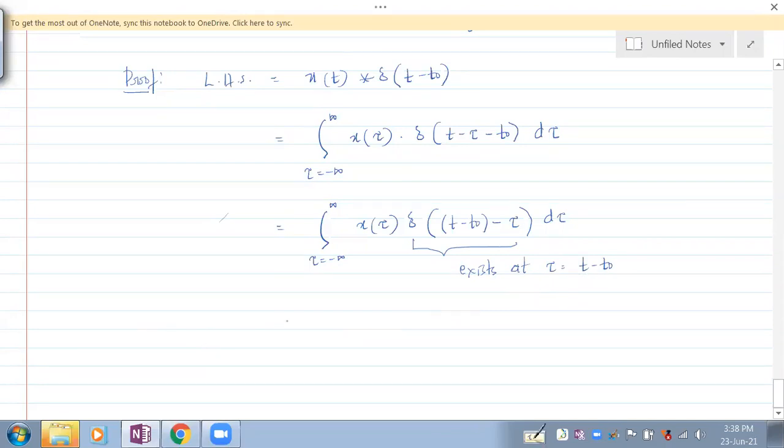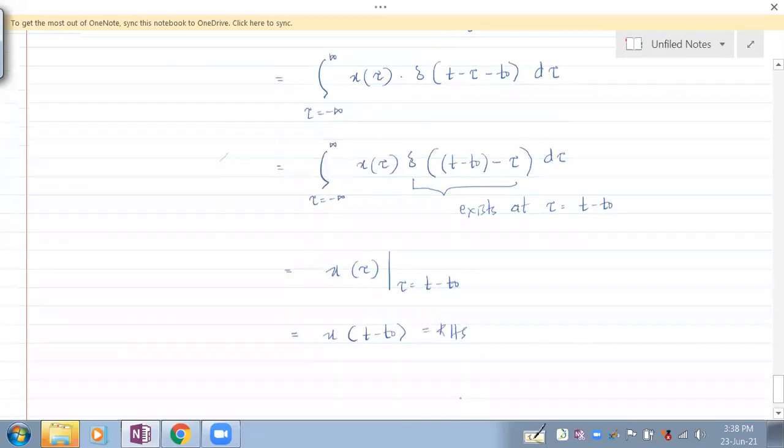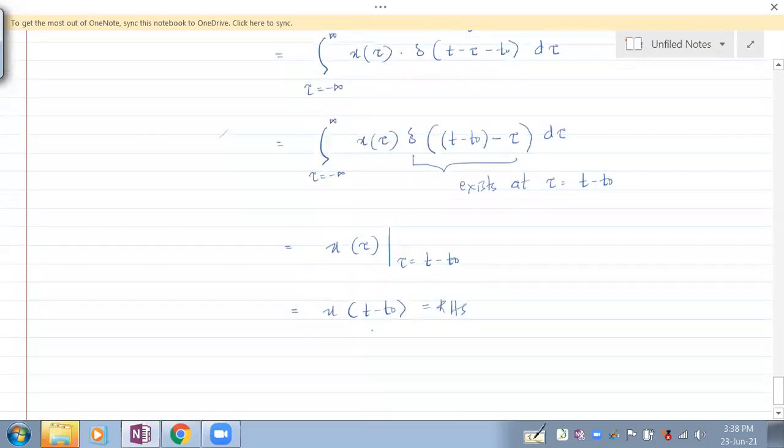Okay, so therefore we have x of tau being evaluated at tau equal to t minus t naught. So we get it as x of t minus t naught, which is your RHS. Is it understood? So why I'm taking this is because we have considered these properties to solve the problems that we had taken in system interconnections.